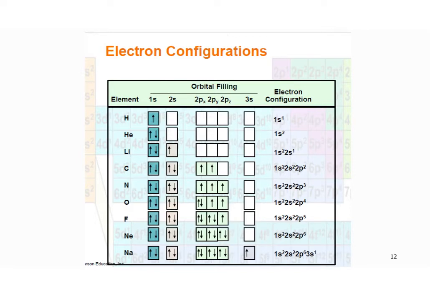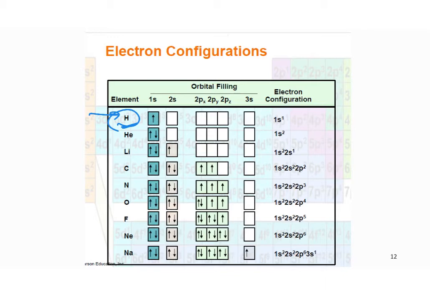All right, so here are the electron configurations and orbital diagrams for the first several elements. What you have to do is have a periodic table handy, and if it's asking you for an electron configuration, find the element on the periodic table and look for how many electrons it has.